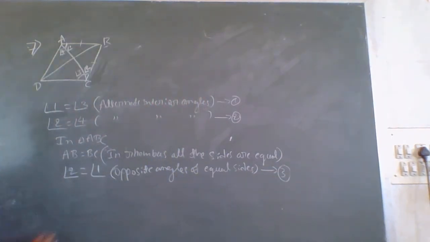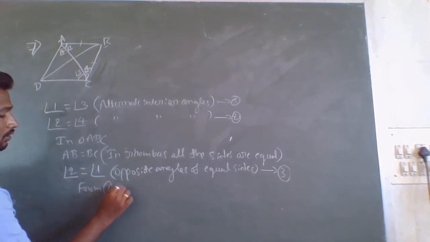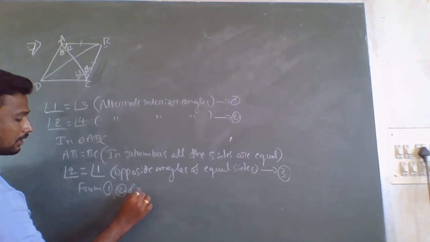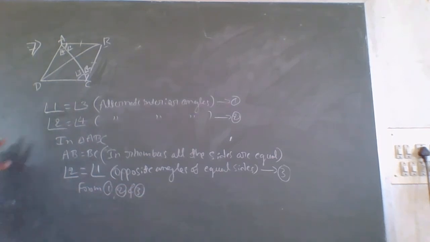So now from these, what can we write? Angle 1 is equal to angle 3 and angle 2 is equal to angle 4, and here we got angle 2 is equal to angle 1.